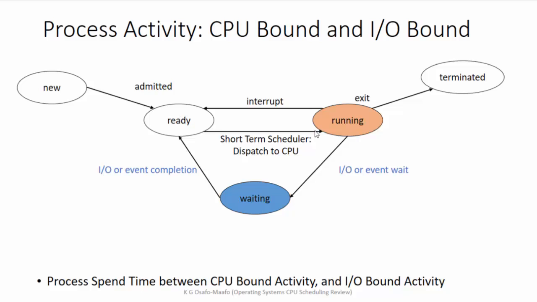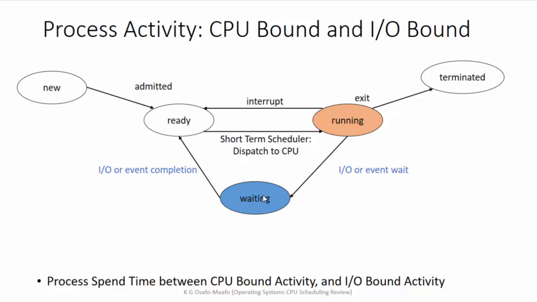Now, if you look at this diagram, it means that as far as the resources that a process uses, and you'd see these terms in the text or any other discussion, there will be CPU bound processes and IO bound. CPU bound meaning it's spending time on the CPU. IO bound meaning it's asking for some sort of IO, could be disk, could be memory, could be some device it wants to use.